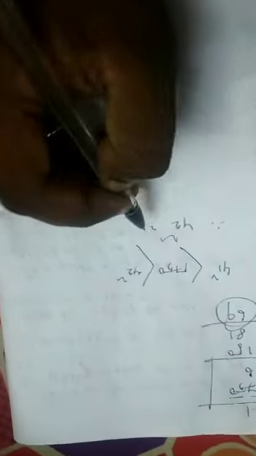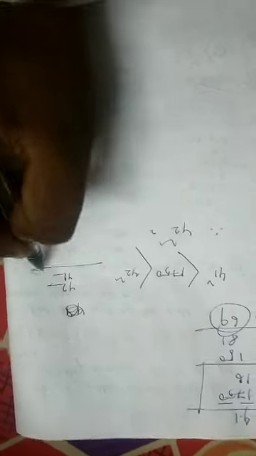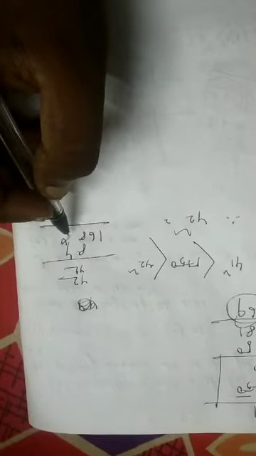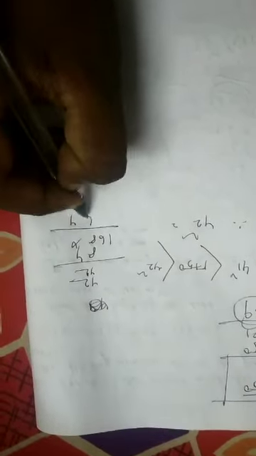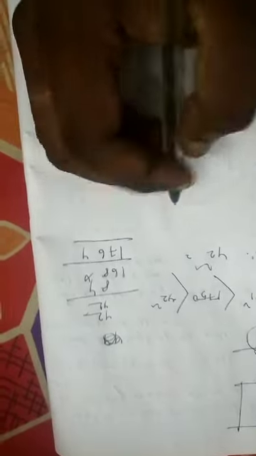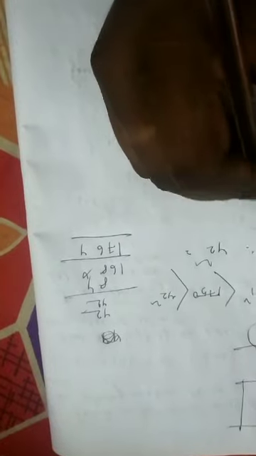Therefore 42 square is equal to 42 into 42, which is 1764.